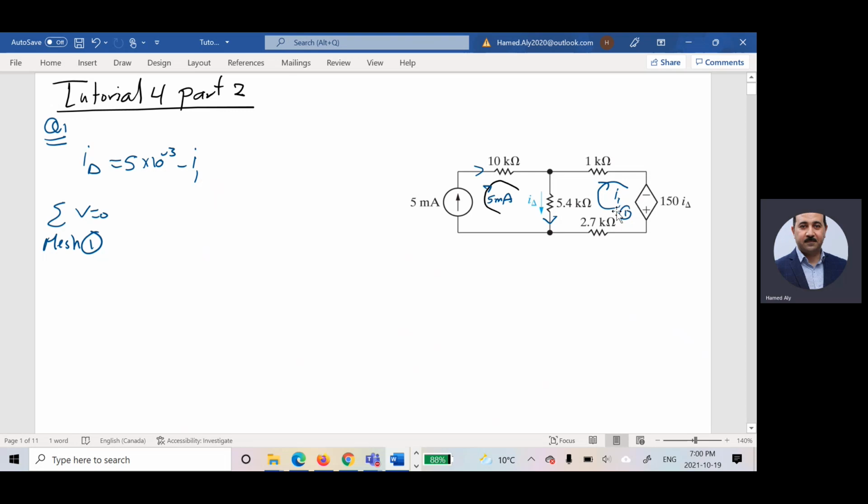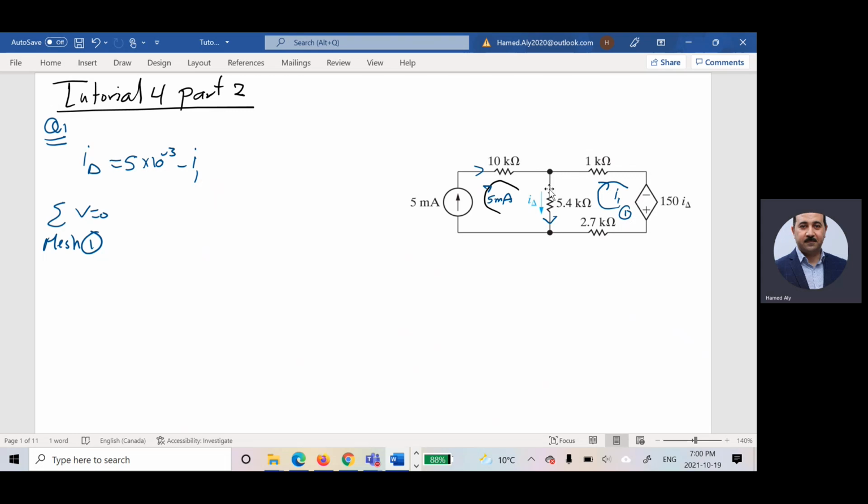So I will say I1 times all resistors connected in that mesh, summation, minus the other current times the common resistor between these two meshes. Am I right?